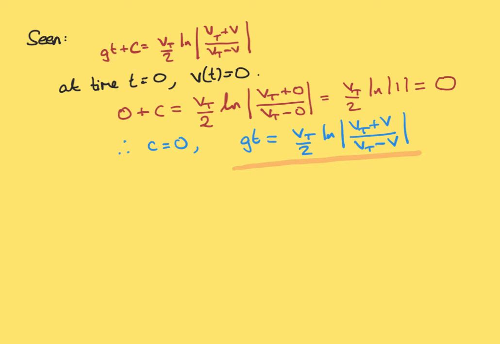To use the identity, first of all, in the argument of the logarithm I want to divide top and bottom by vt. If I do that, we obtain gt is equal to vt over 2, which just sits there outside, times the logarithm of the modulus of 1 plus v over vt divided by 1 minus v over vt.